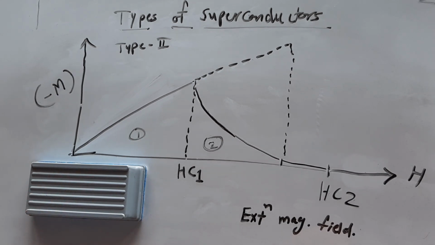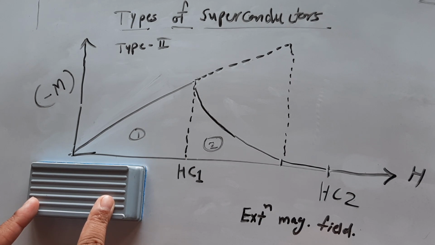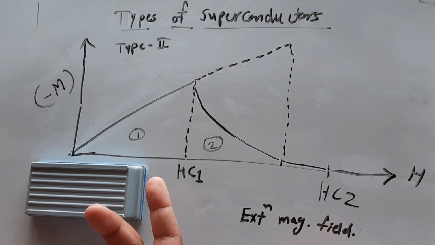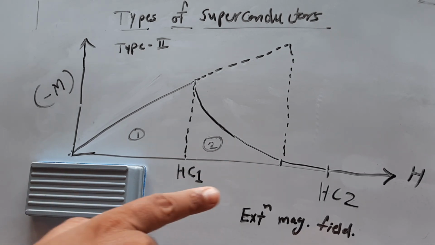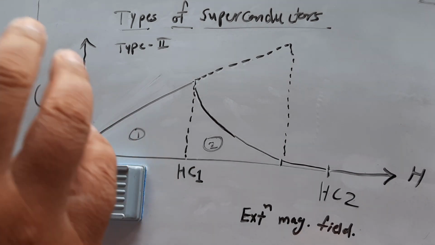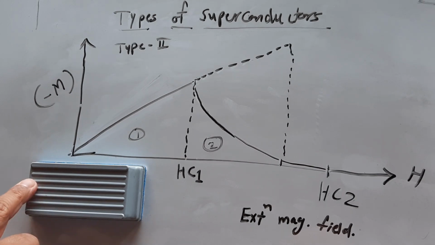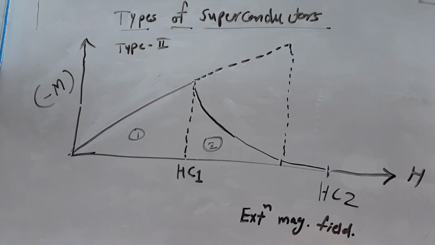So even though some part has lost superconductivity, some part still has superconducting properties, and hence electricity will flow only through that region, and it will behave as a proper superconductor from the electrical point of view, because it will have zero resistance. That was the main point. I hope you understand this.